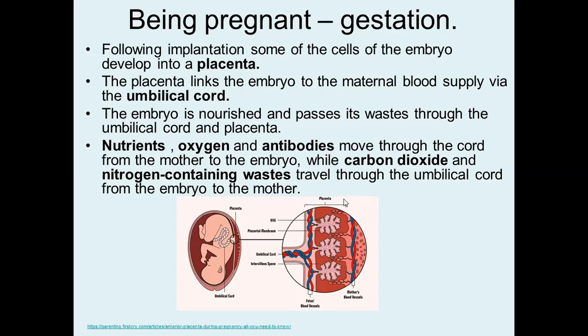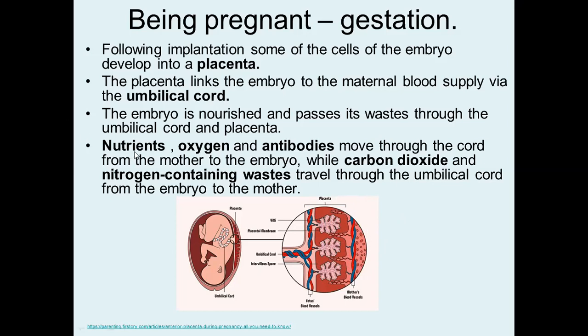So placenta is in fact made up of both embryonic and maternal tissue. But that membrane, although it allows certain substances to pass over it in either direction, it keeps the two bloods from mixing. Okay, so what does the embryo get from the mother across the placenta?